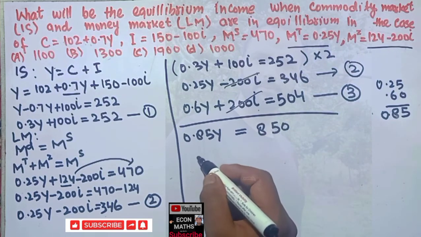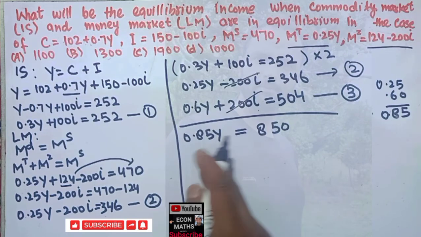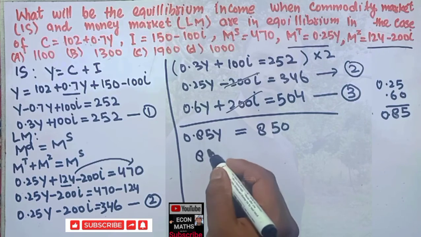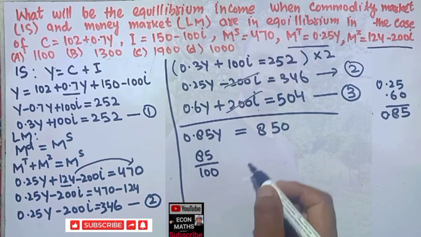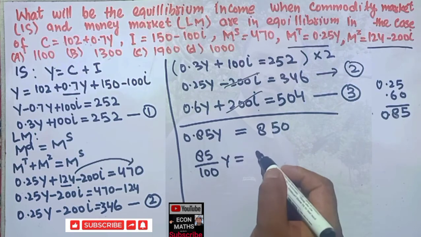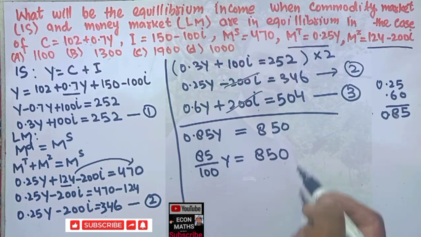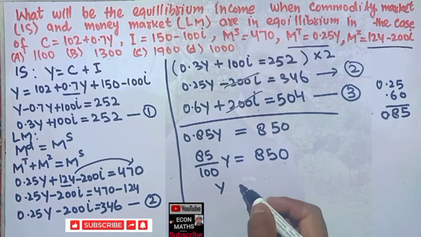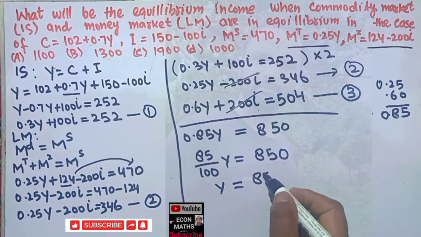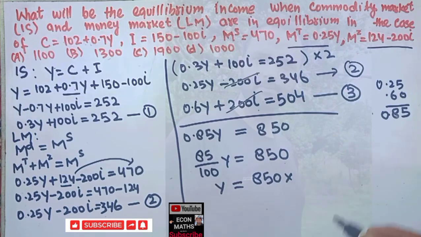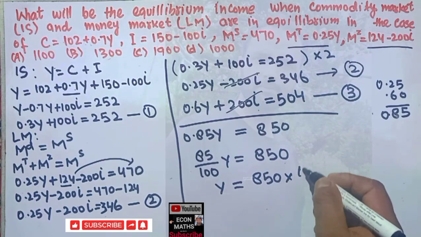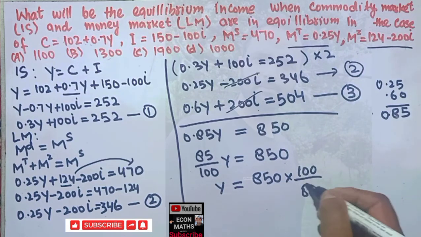In place of 0.85 we can write 85 divided by 100, so y times 85 over 100 is equal to 850. Transposing 85 divided by 100 to the RHS, this gets reciprocated and becomes 100 divided by 85.